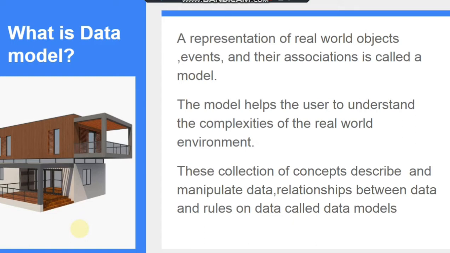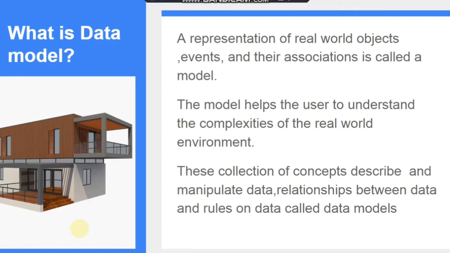As you have seen on the screen, a data model is the representation of objects and the relationship among them. For example, as you can see, the model of a home. A home or a house is the combination of rooms, washrooms, kitchens, lawns, everything; when they combine together they make a model.